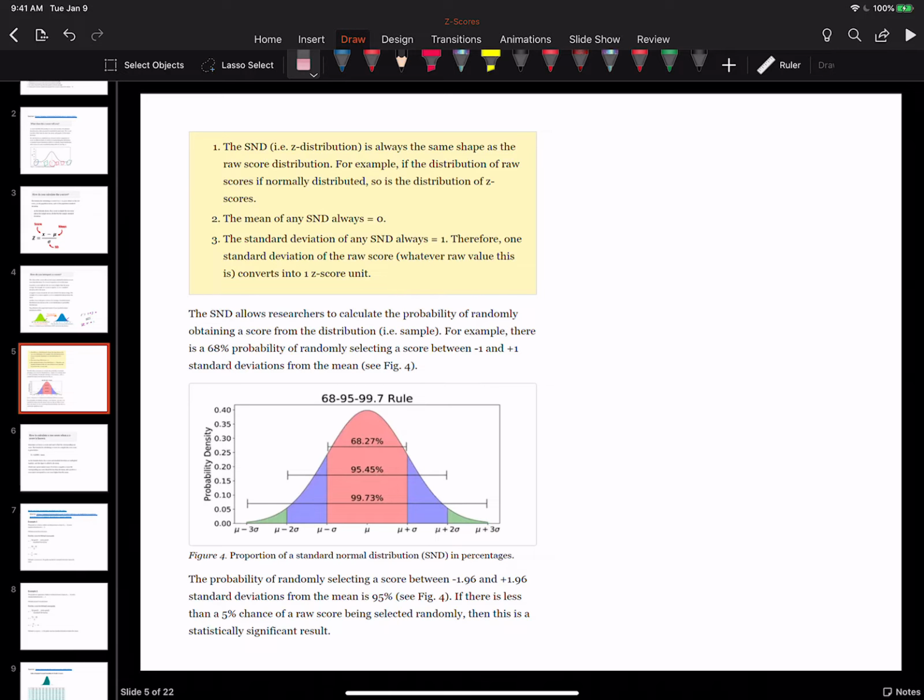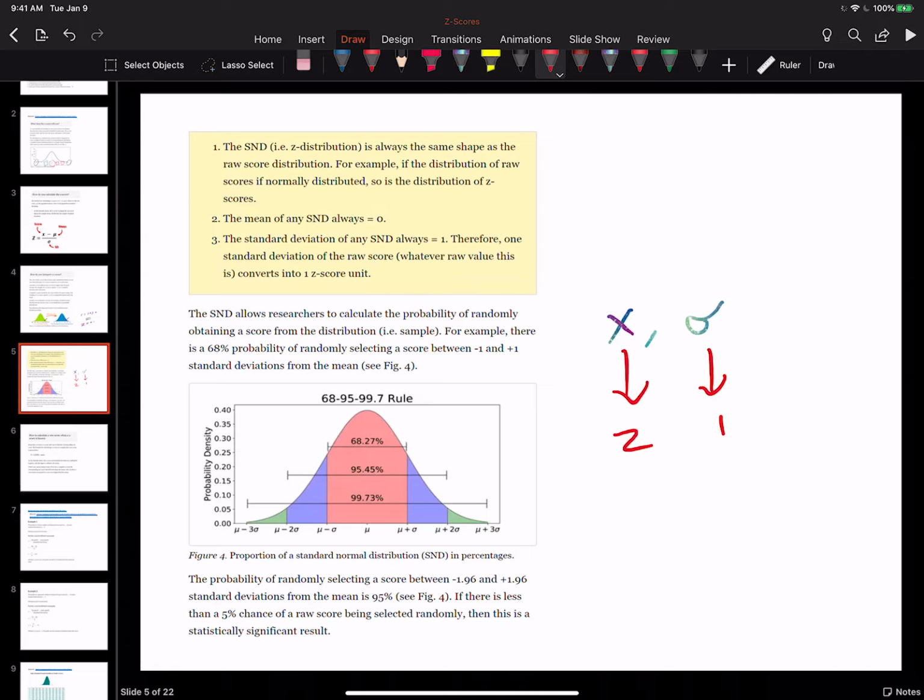The standard deviation of any standard normal distribution is 1. So we always have sigma equals 1. In the x values, we use sigma. When we convert to z, x becomes z and sigma becomes 1.